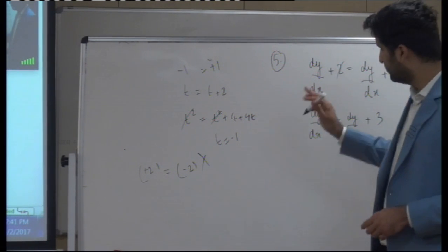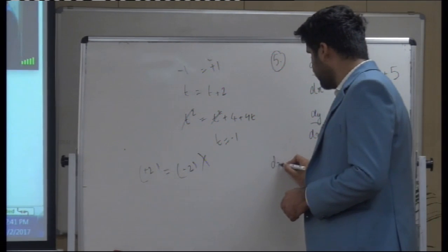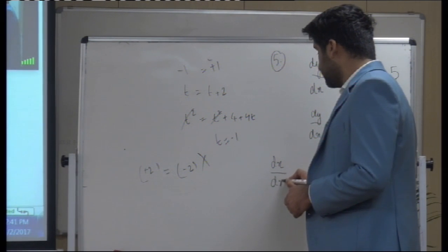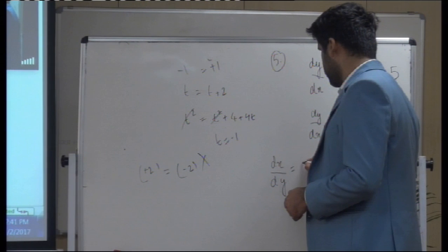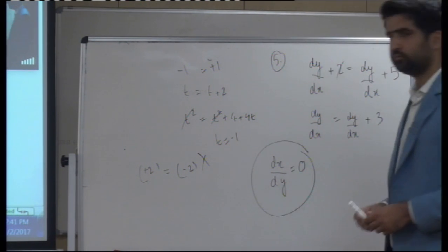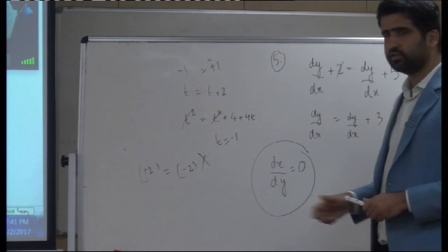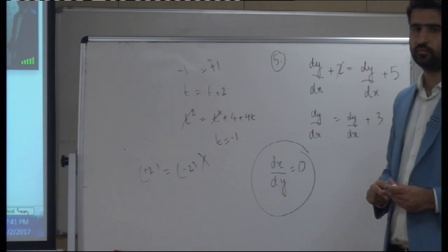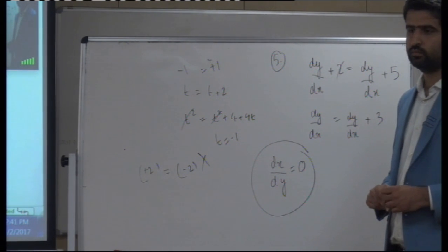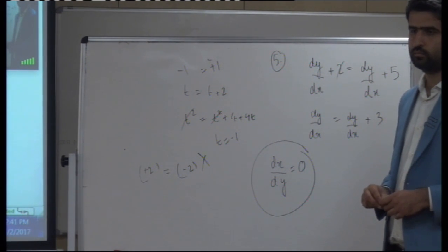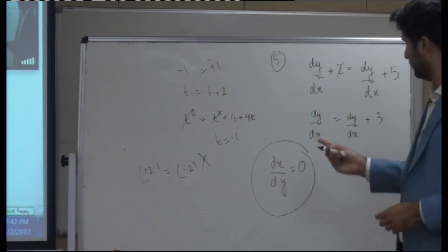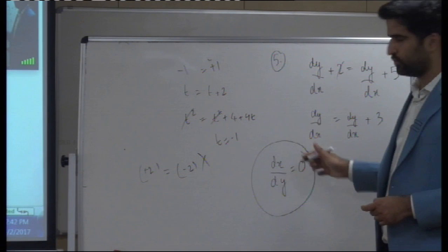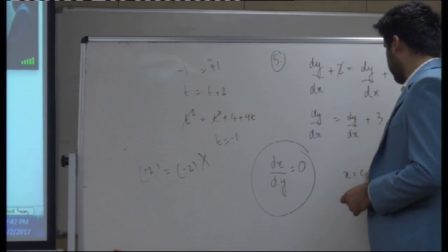So what should be the value of dx upon dy in that case? dx upon dy should be equal to 0 in this case. Can you tell me the solution for this equation? X is equal to constant, exactly. So the solution for this equation will be x is equal to constant.